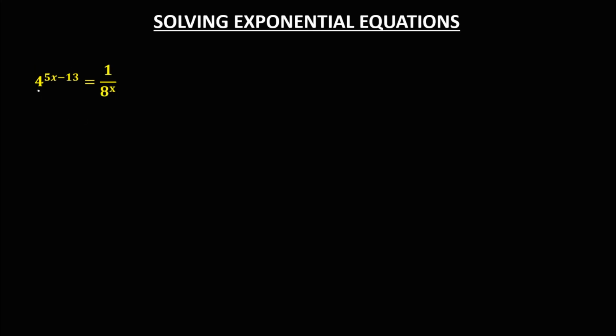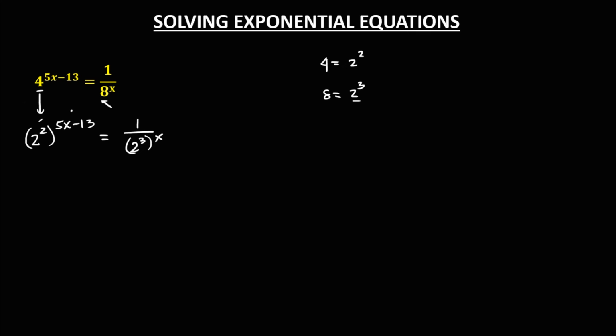Then for this given, so 4 and 8, since we can rewrite this 4 as 2 to the power 2 and 8 as 2 to the power 3, so therefore this becomes 2 to the power 2 then to the power 5x minus 13 then equals 1 over 8, that's 2 to the power 3 then to the power x.